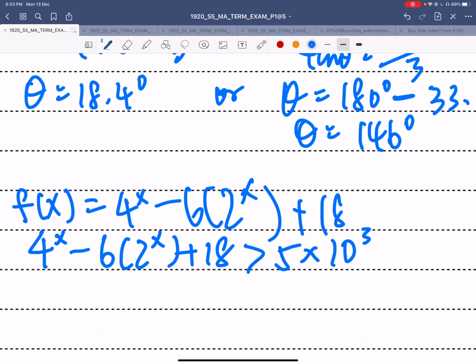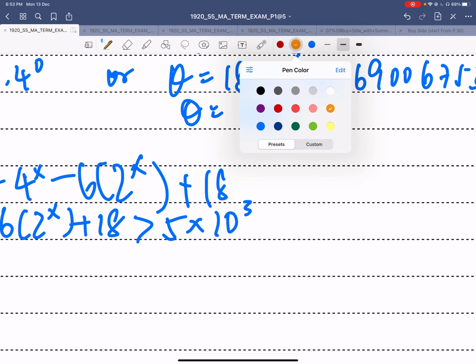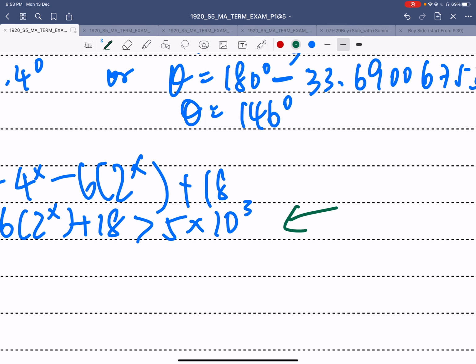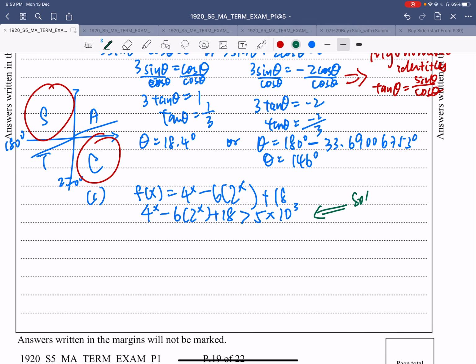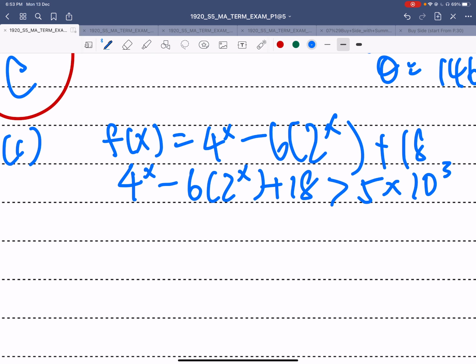So you might need to use another technique you learned in chapter 2, which is solving quadratic inequalities. Quadratic inequalities are very typical to appear in section B because they can assess your knowledge in solving quadratic inequalities. Okay, so how can we simplify this?